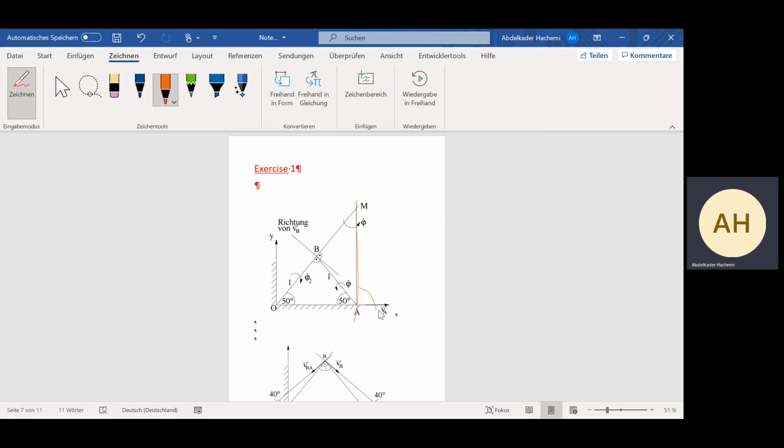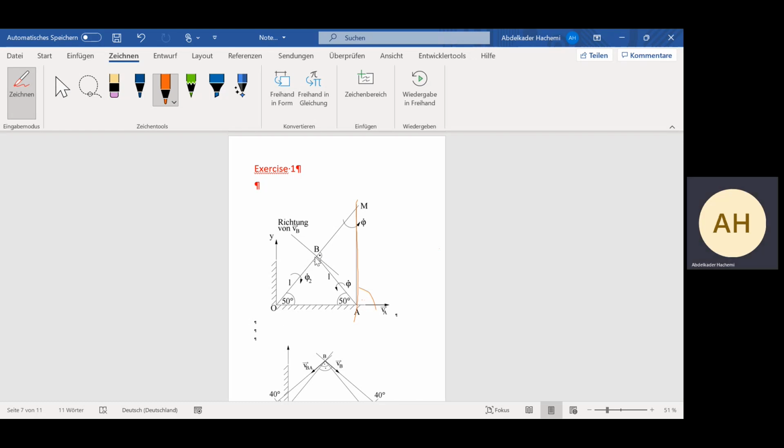Now for the second velocity, as I said, the instantaneous center of rotation needs to know 2 directions of velocity. Now we have one, which is VA, we make the perpendicular to it. For the second one, we take the point B, which is the connection between the left ladder and the right one.